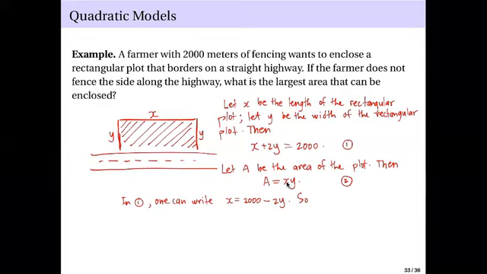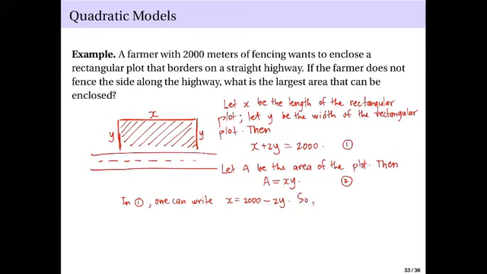We replace the x here by 2,000 minus 2y, and therefore you will have something in y times y. So your A is just in terms of one variable.